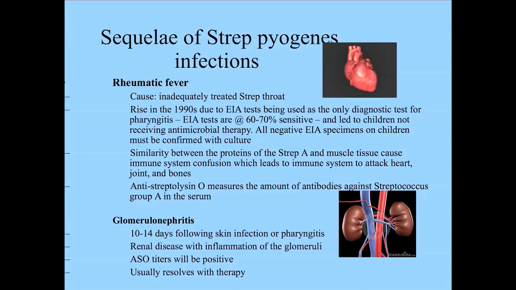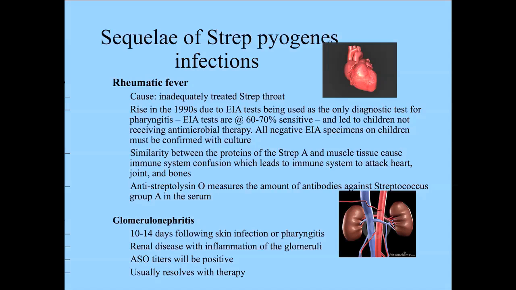There was a rise in the 1990s of rheumatic fever because unfortunately we were misusing the EIA paper membrane tests to detect children with beta strep A sore throat. Instead of backing up with culture and confirming the disease of strep A, a lot of physicians determined therapy on the positivity of the EIA reaction.